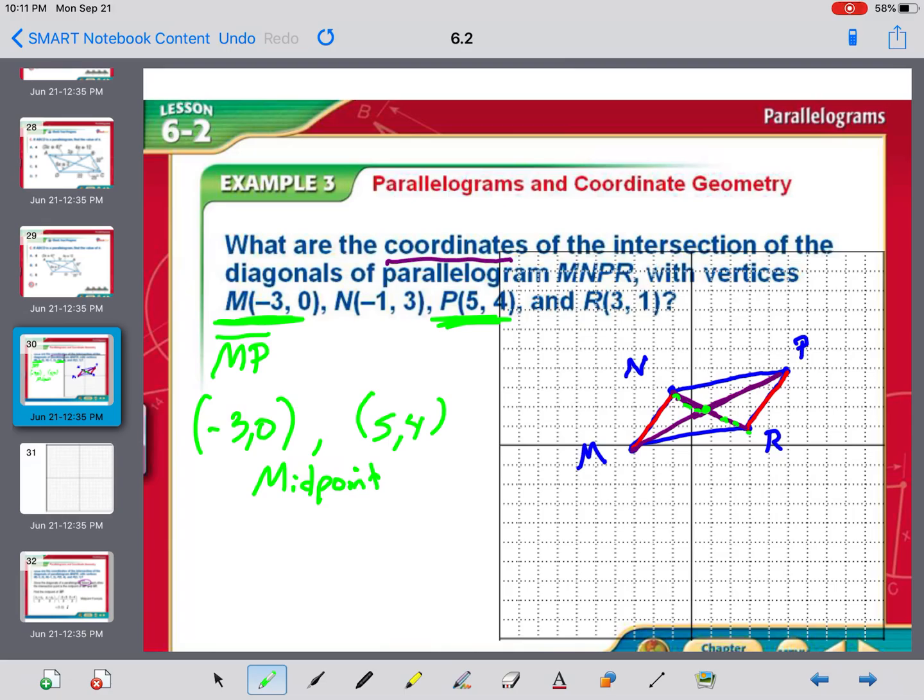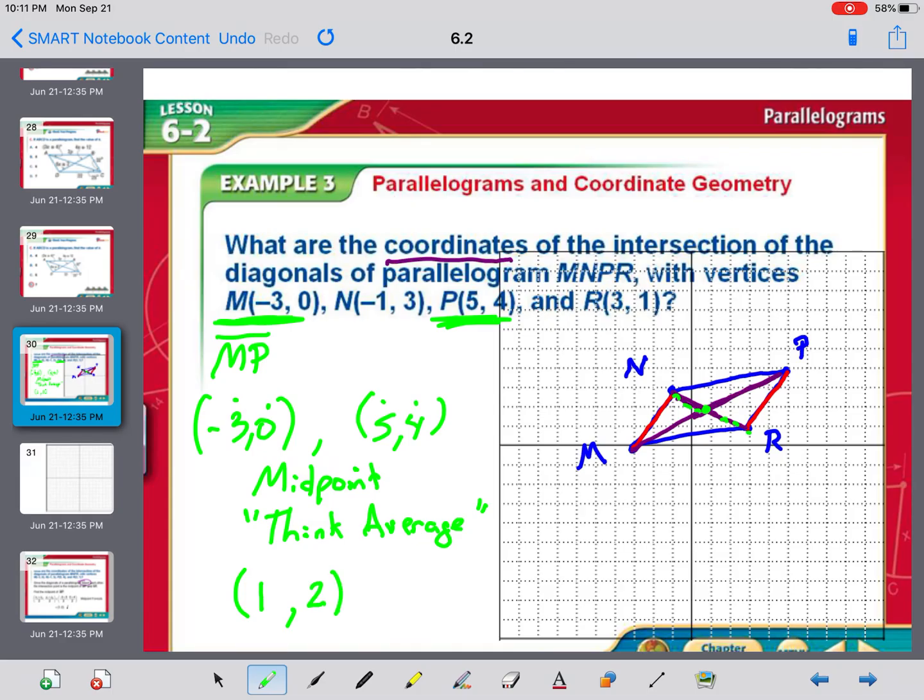So now let's talk about midpoint. How do you find the midpoint of a segment? Earlier in the year, I told you, think average. So what is the average of a negative 3 and a positive 5? 1.